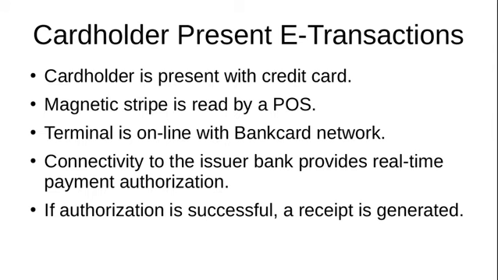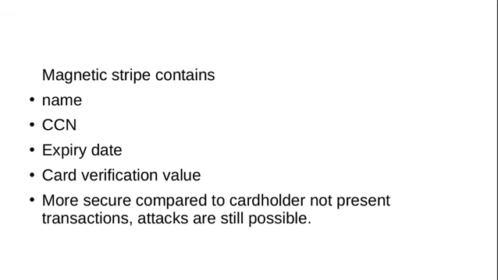The connectivity to the issuer bank provides real-time payment authorization: checking whether enough balance is available and whether it is a genuine card. All of this is verified in real time. Now if authorization is successful, a receipt is generated, and the receipt will contain the amount of the transaction, etc.